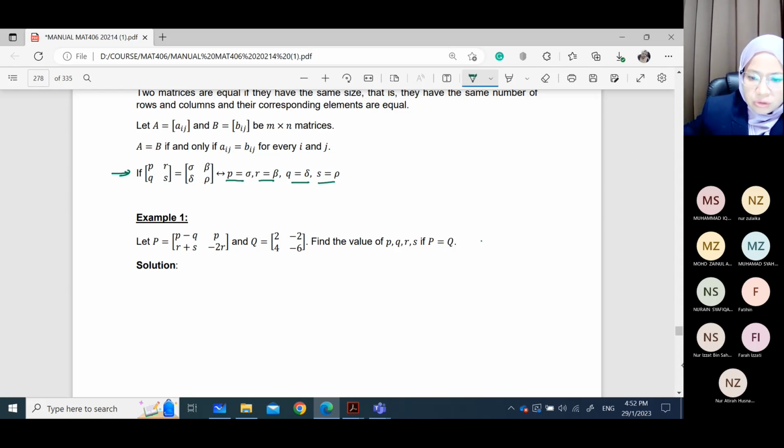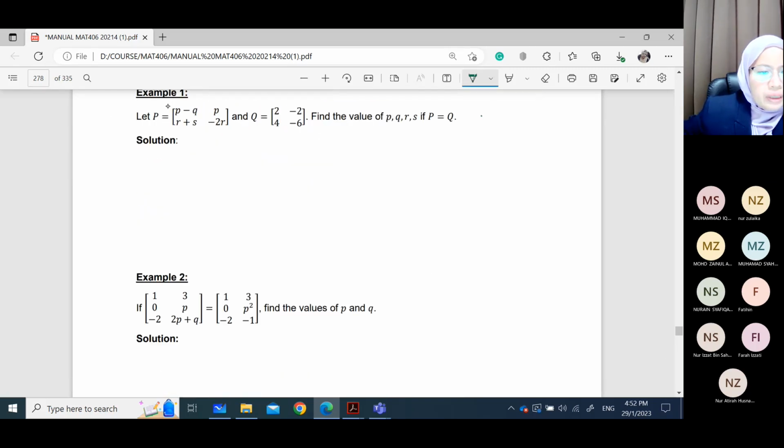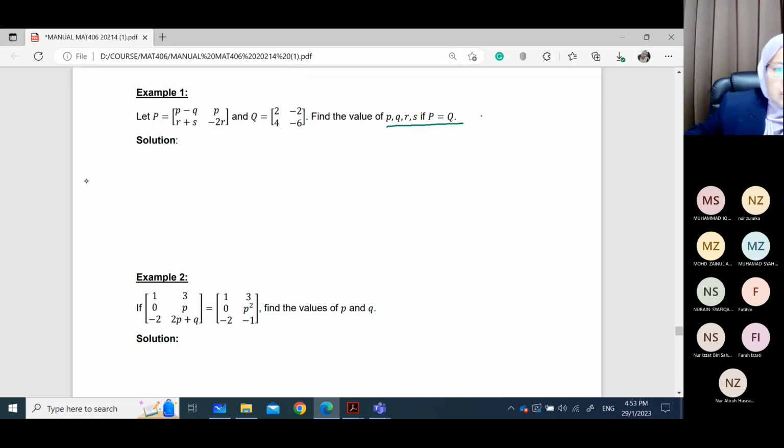Okay, so kalau kita tengok contoh yang pertama ni. Okay, so let P, we have this matrix which is P minus Q, P, R plus S and negative 2R. Okay, and we have Q which is 2, negative 2, 4, negative 6. So find the value of P, Q, R, S if P and Q are equivalent.